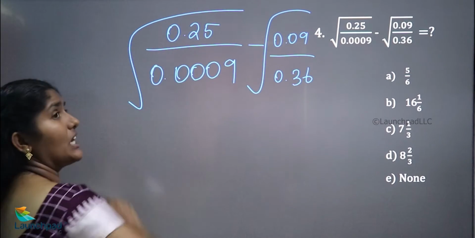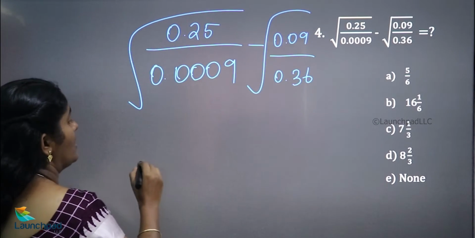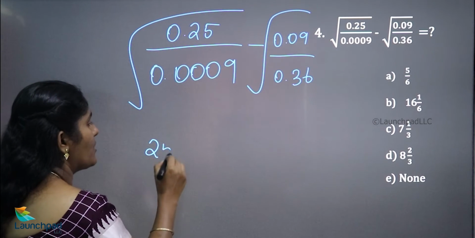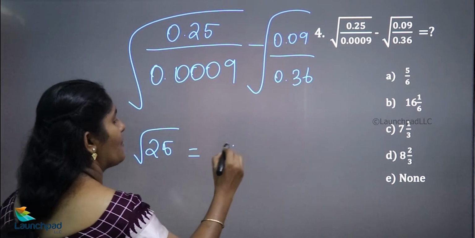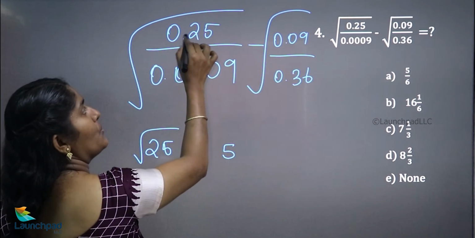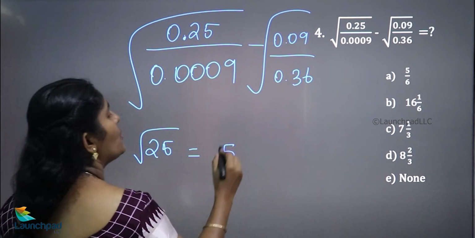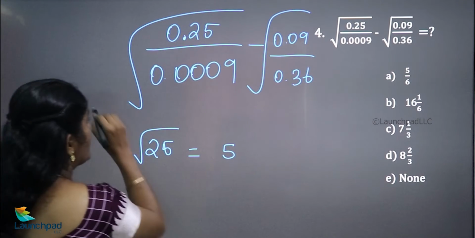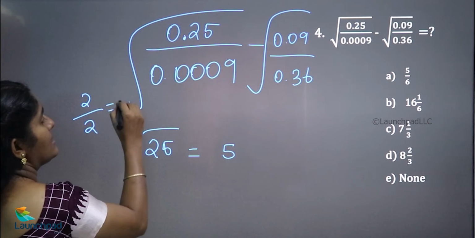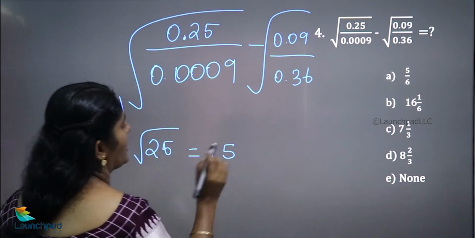What is the square root of 0.25? So, what is the square root of 25? 5. Here we have two decimal digits, so 2 divided by 2 gives 1, so the answer is 0.5.